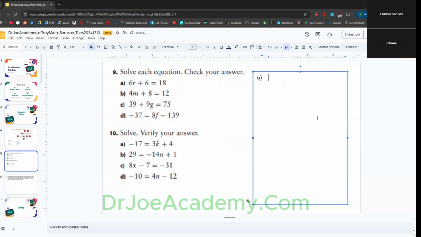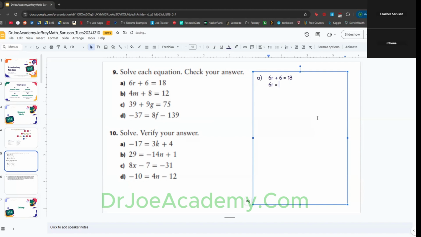For A, I got R equals 2. Perfect. So we got 6R plus 6. We can move that 6 over, so it's going to equal 12. R equals 2. Excellent.